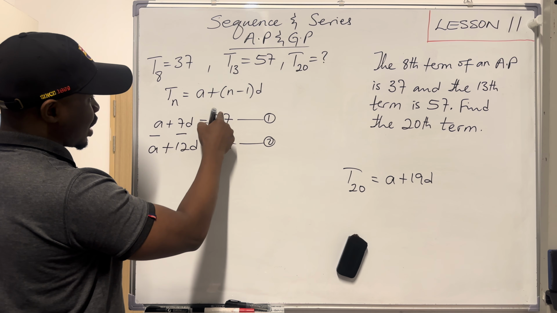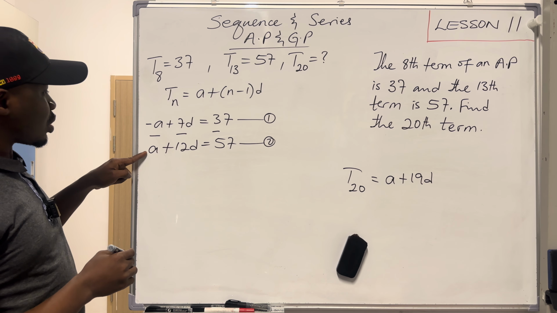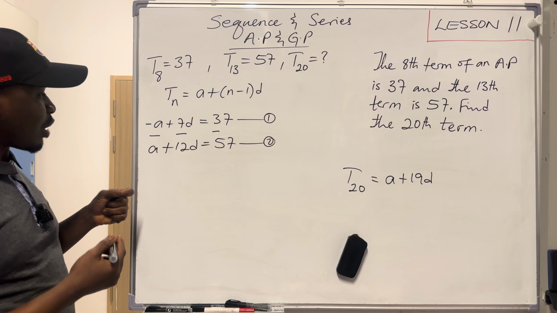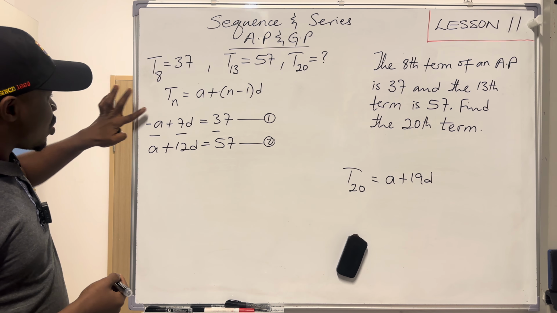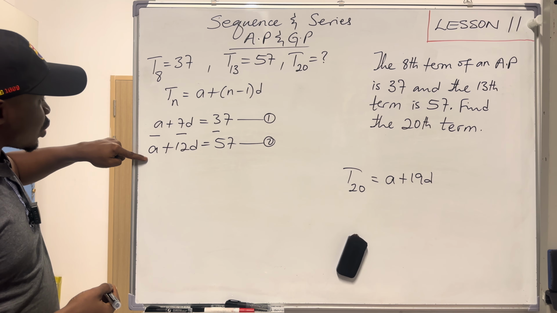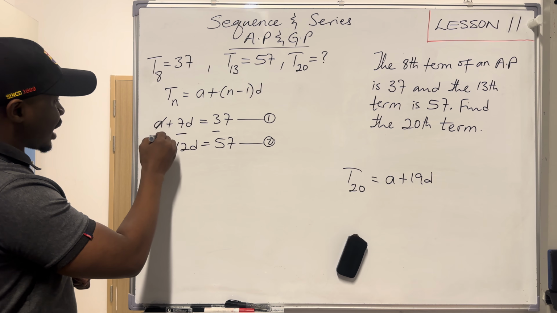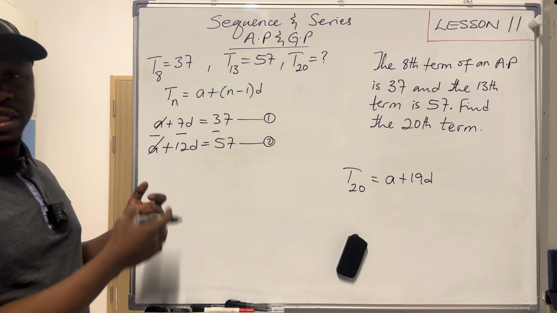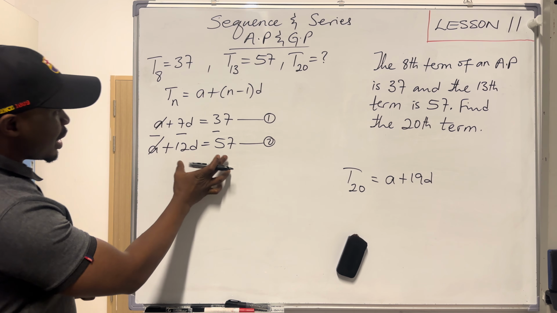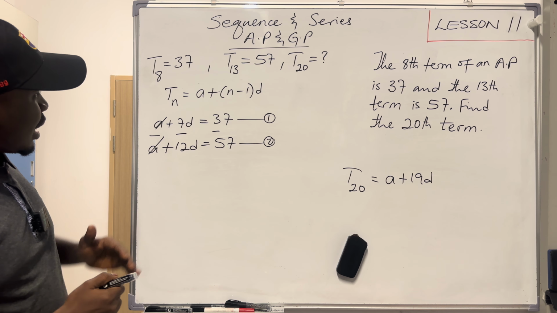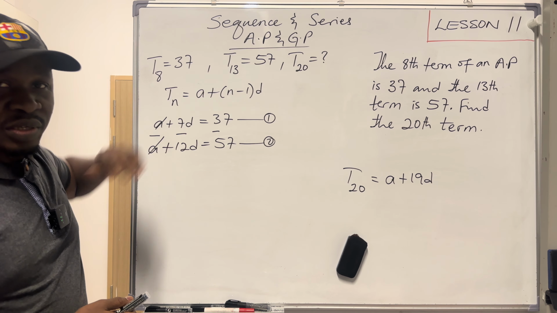The a terms will go away, because this is the elimination method. We have eliminated a. You either say the top minus the bottom or the bottom minus the top, no problem.